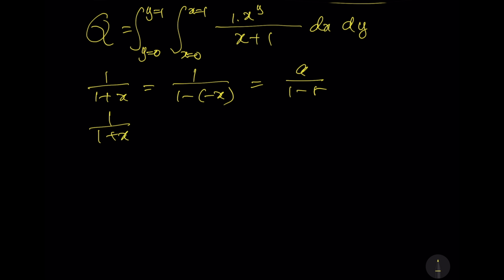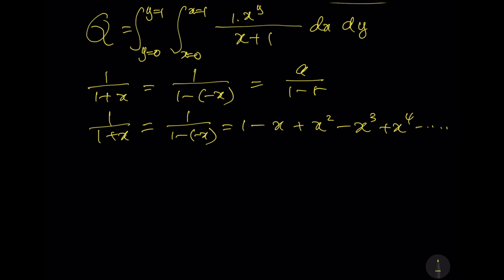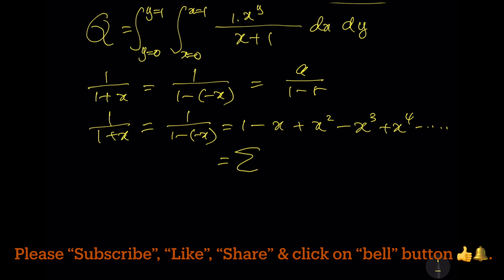This means we can rewrite 1 divided by 1 plus x as 1 minus x plus x power 2 minus x power 3 plus x power 4 and so on, which equals the summation of k from 0 to infinity of negative 1 power k multiplied by x power k.